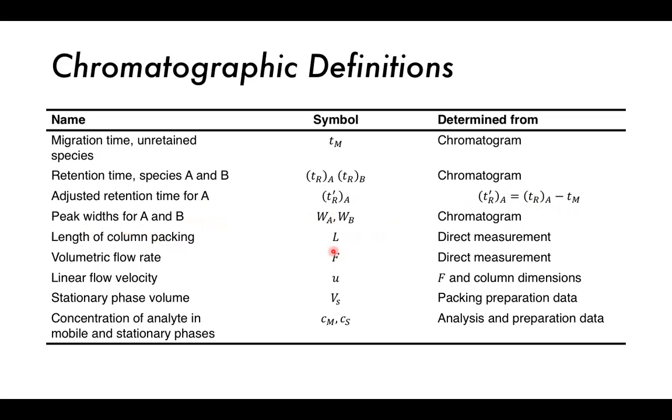Length of the column, L, is a direct measurement. Volumetric flow rate, F, is a direct measurement as well. Linear flow velocity, u, comes from F and the column dimensions. Stationary phase volume comes from packing preparation data. We know the diameter of our column most likely, and we know the height of it, so we can work out the volume of the stationary phase. Concentrations of the analyte in the mobile and stationary phases come from the analysis and preparation data.